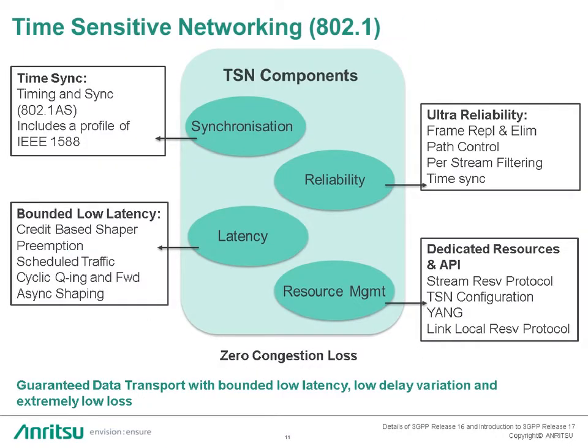So this slide is not from 3GPP, but this is a good introduction on existing time-sensitive networking, which is used inside manufacturing industry, which is using the connectivity with industrial Ethernet.